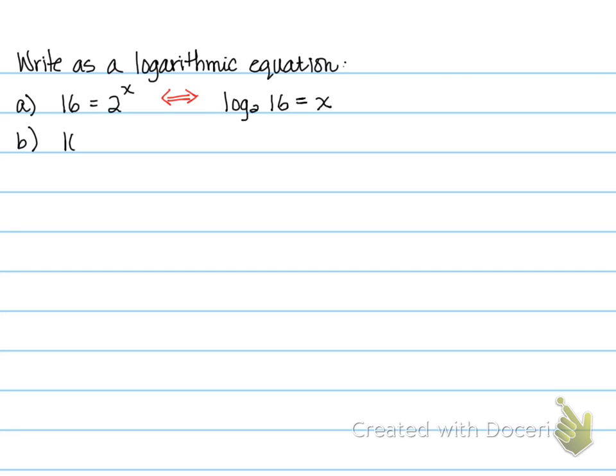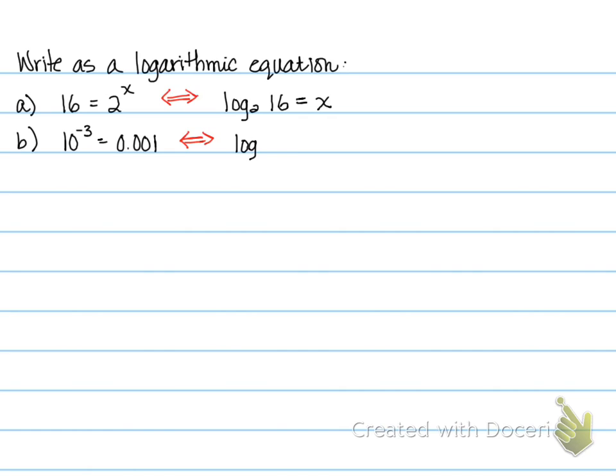So let's do 10 to the negative third equals 0.001. So what's my base? My base is 10. The base of the exponential expression is the base of the logarithm. So my base is 10, which means I don't write the base. It's the common log of what?